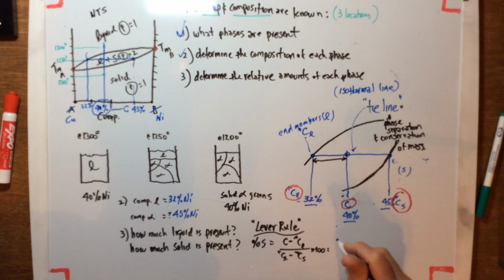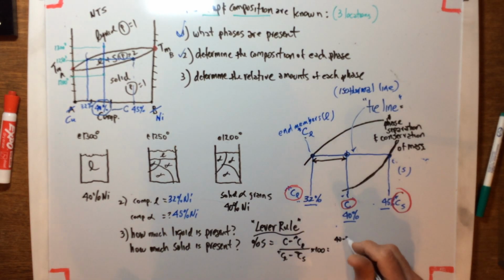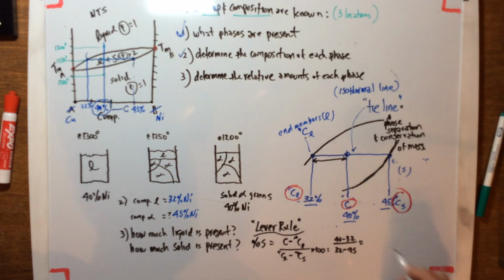Okay, and then now plugging numbers, we would have 40 minus 32 over 32 minus 45, all right, and believe it or not, when you divide that out and multiply it out, you're going to get 62%.